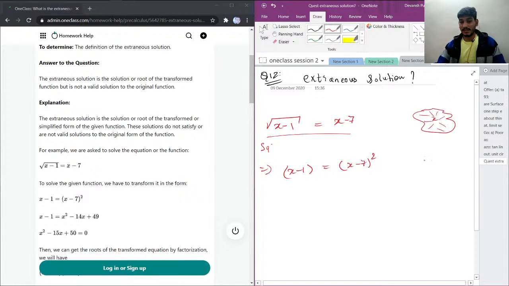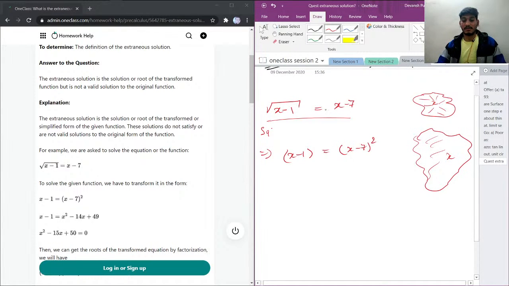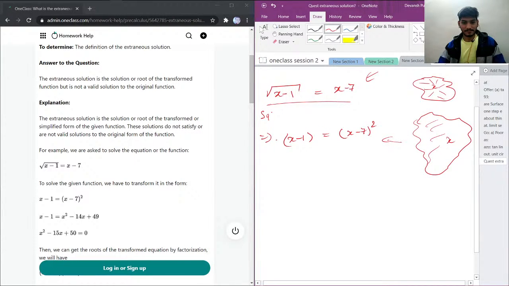In this case I have a different domain of x. Though these two equations are derived from each other, the domain of this equation is different from the domain of the other. Now I'll solve this equation to find the value of x.